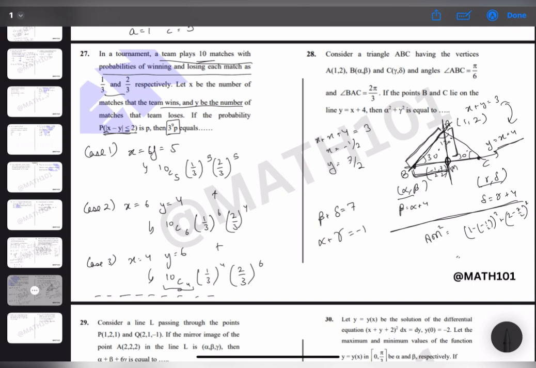So this is equals to 9 by 4 plus 9 by 4, equals to 9 by 2, which implies that AM is equals to 3 by root 2.